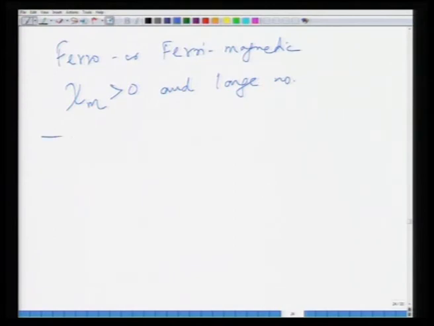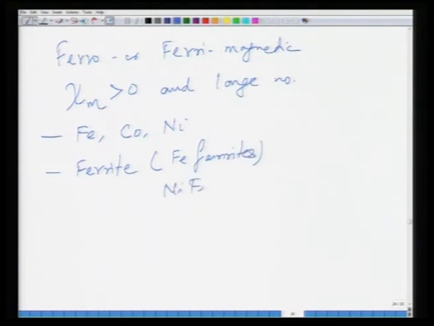Here you can have materials like iron, cobalt, nickel, or you can have ferrites, a variety of ferrites, typically iron ferrites for example, or materials like nickel ferrite, NiFe2O4, etc. These materials have a very large magnetic response to the applied field. So, this is the classification of magnetic materials.